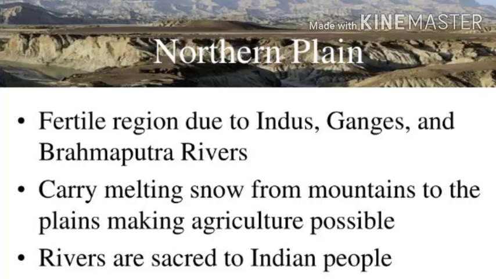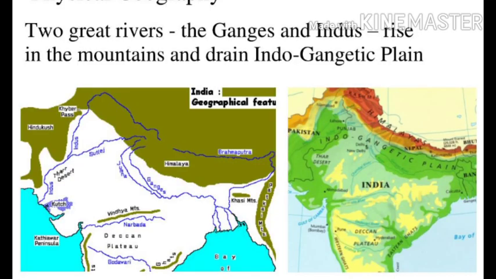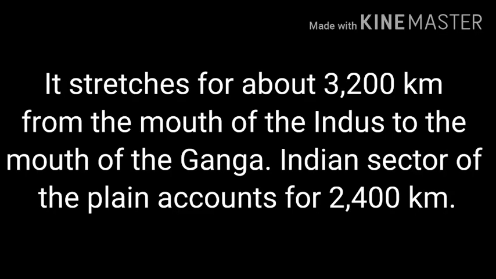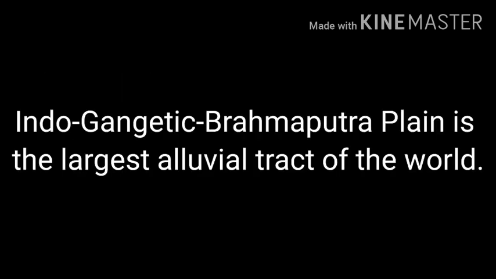This plain is also called the North Indian Plain, the extensive north-central section of the Indian subcontinent, stretching westward from the combined delta of the Brahmaputra River Valley and the Ganges River to the Indus River Valley.